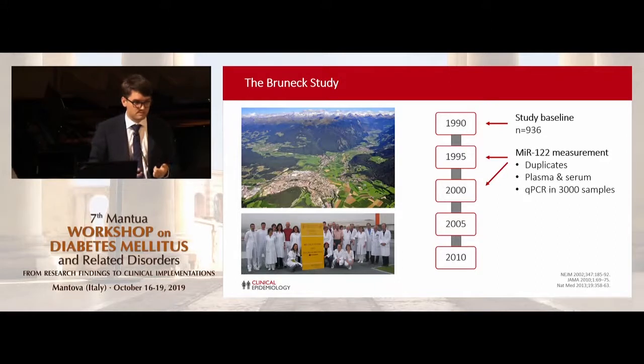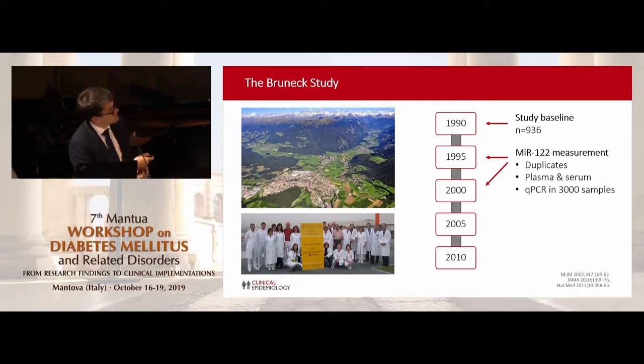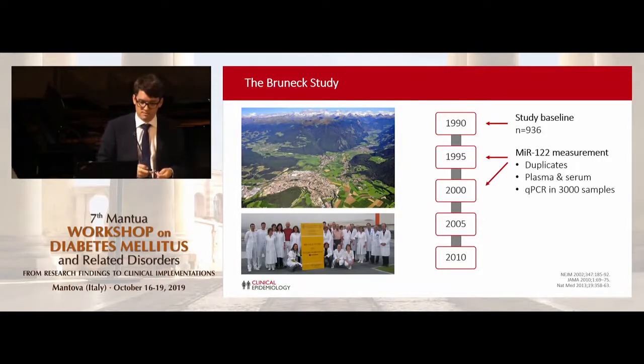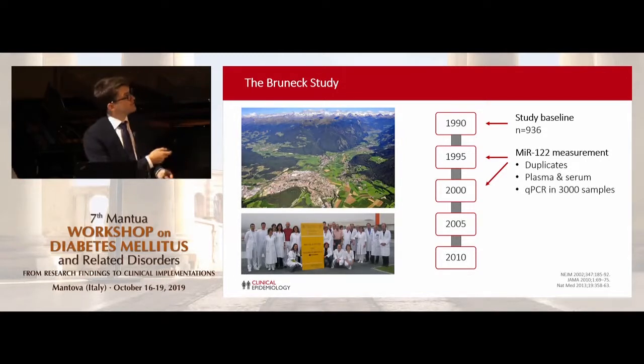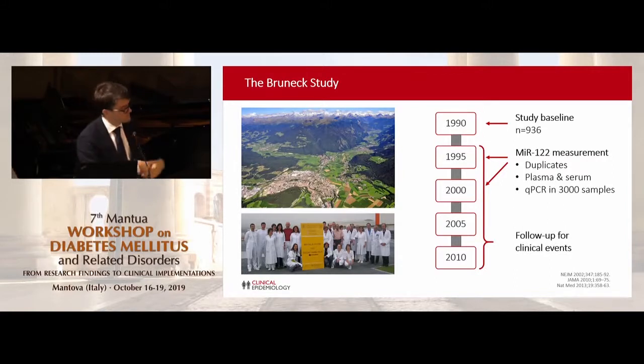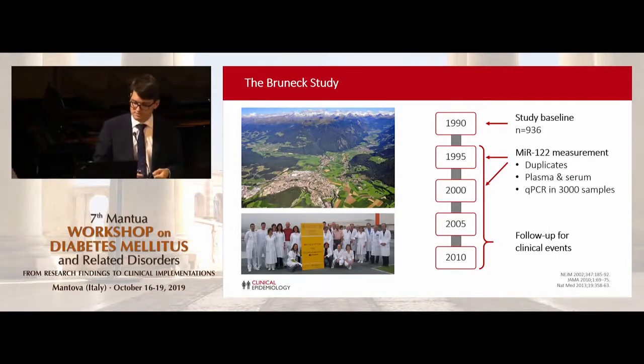We measured that in duplicates, in serum and plasma samples, and this resulted in measurements of over 3,000 samples using a quantitative PCR method. And then our aim was to relate the level people had back then in 1995 to the risk of clinical events over time, where we could use a 15-year time frame, so events that occurred up to the year 2010.